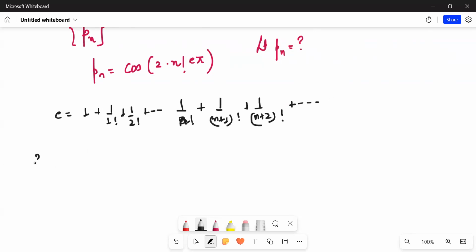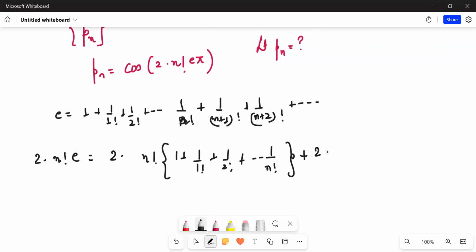Now if I multiply 2 times n factorial times e, this would be equivalent to 2 times n factorial times the sum 1 plus 1 upon 1 factorial plus 1 upon 2 factorial up to 1 upon n factorial, plus 2 times n factorial times 1 upon n plus 1 factorial plus 1 upon n plus 2 factorial, and so on and so forth.